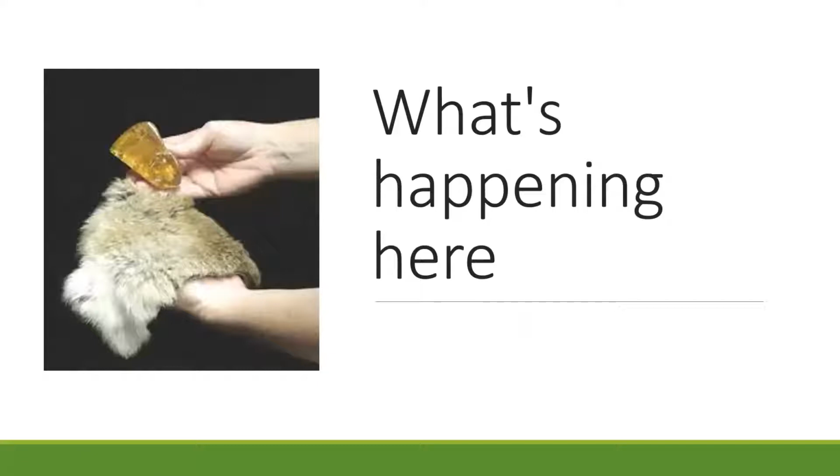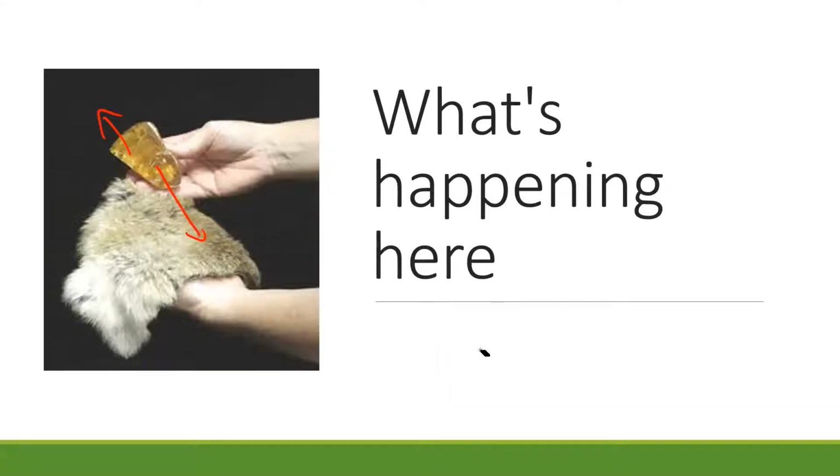Now, what they would do is that early humans noticed that if you had a piece of amber and you rubbed that piece of amber onto a piece of fur or wool or whatever, that piece of amber would then have this ability.